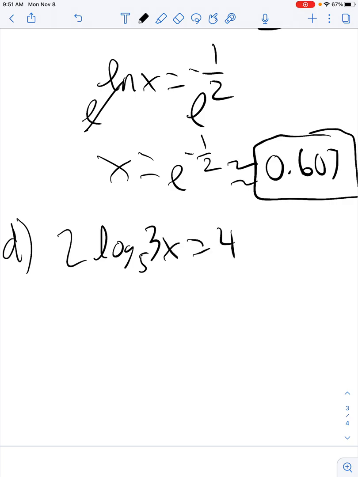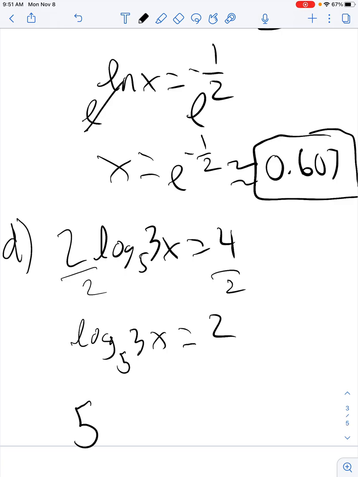Let's solve 2 log base 5 of 3x equals 4. I'm going to start by dividing this 2 on both sides. So I have log base 5 of 3x equals 2. Now again, because I want to undo this log base 5, because I only have it on one side, I need to put it into the exponent spot and use a base of 5.